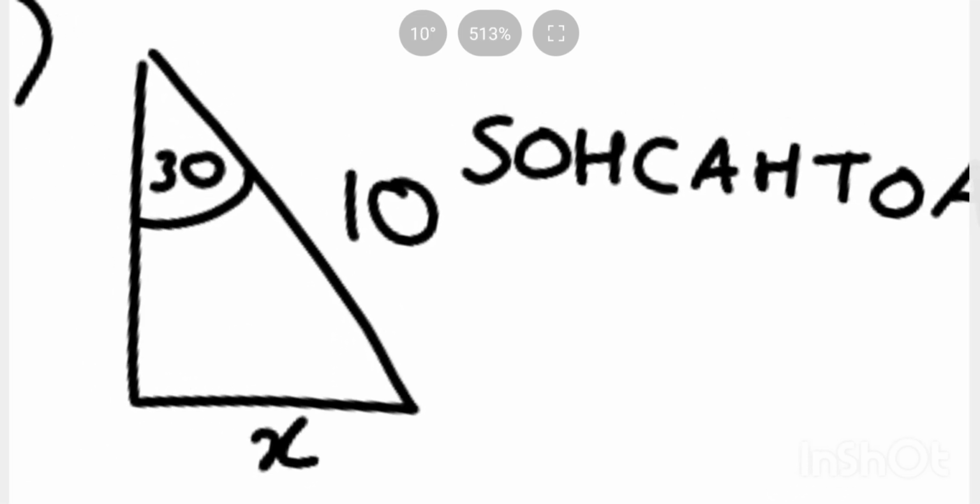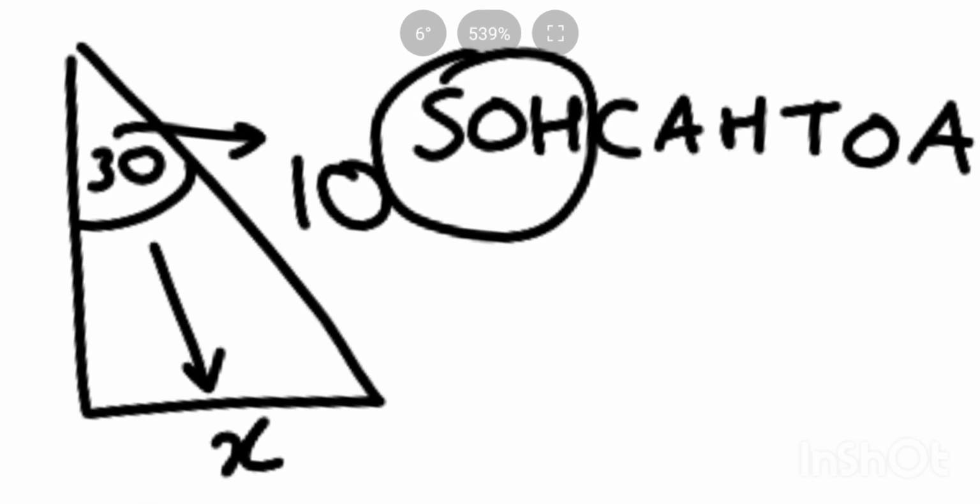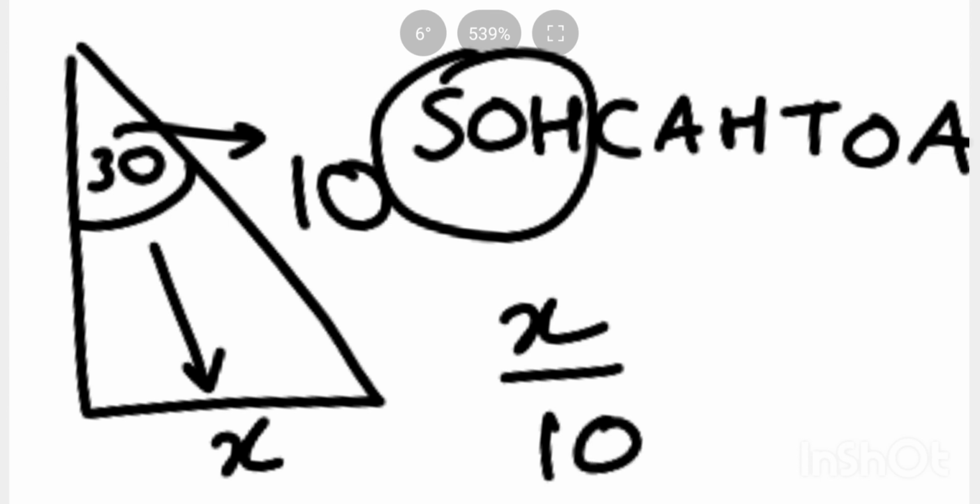we work out what the sides are in relation to the 30 degree angle. We have an opposite, which is x, and this side is 10, which is the hypotenuse of this triangle. So we have an opposite and a hypotenuse, so we need to use the sine ratio. Sine equals opposite over hypotenuse, and that is equal to the sine of 30.